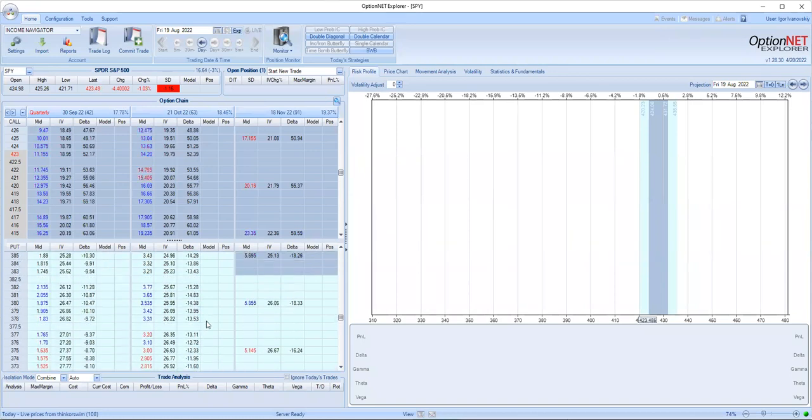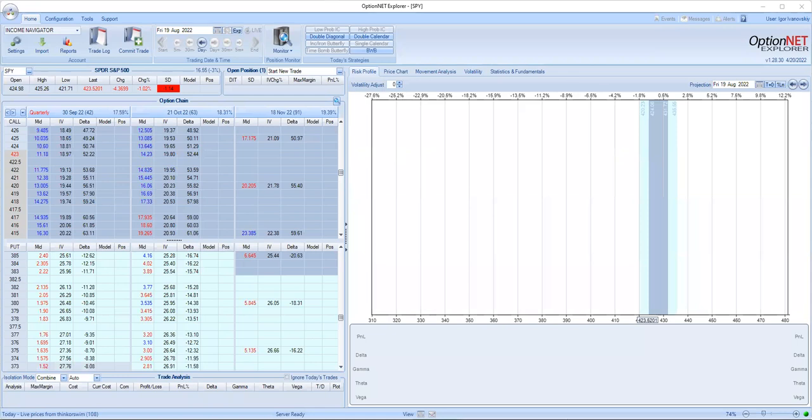If I had to guess, and I'll tell you how I arrived there, right? So we know we have a 10-point wide put credit spread for $1.50. That means we have about $8.50 worth of risk in a 10-point wide spread, right?